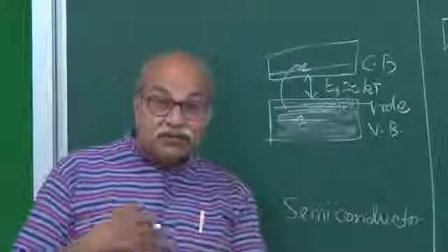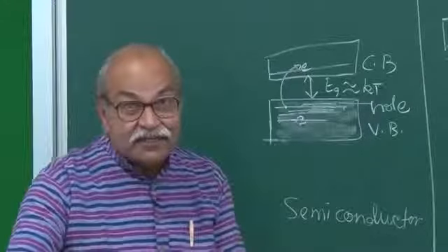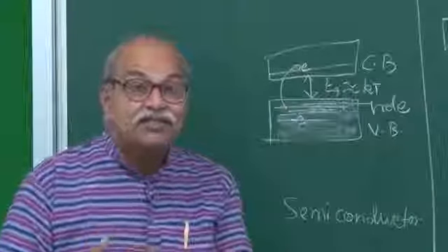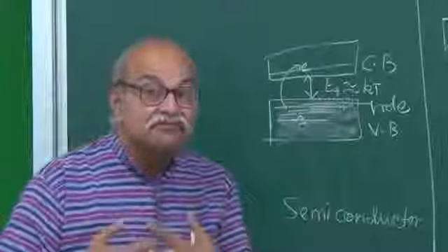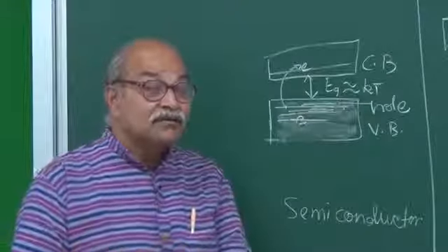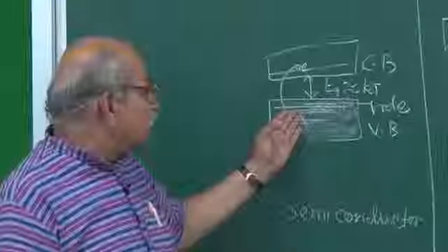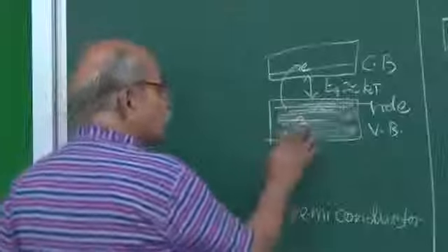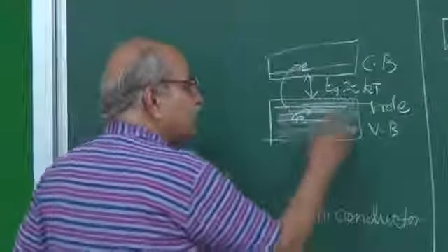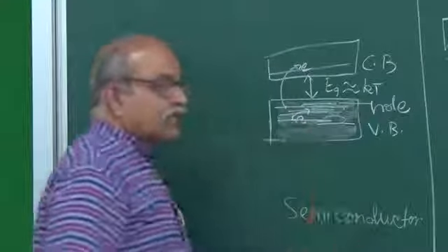Electrons responding to the electric field and moving in the direction opposite to that field, a systematic drift of electrons, constitutes current. So if this electron jumps here, this quantum state becomes empty, and then some other electron can accept energy and go there, and so on.